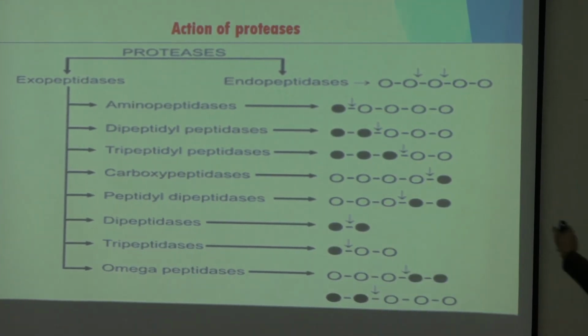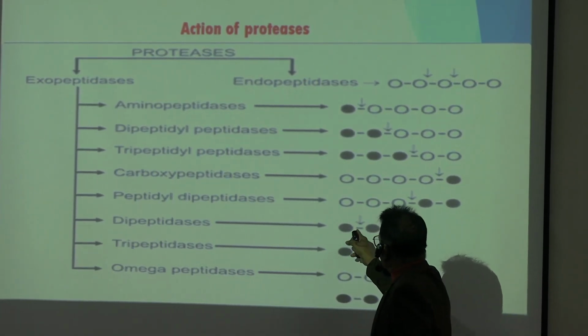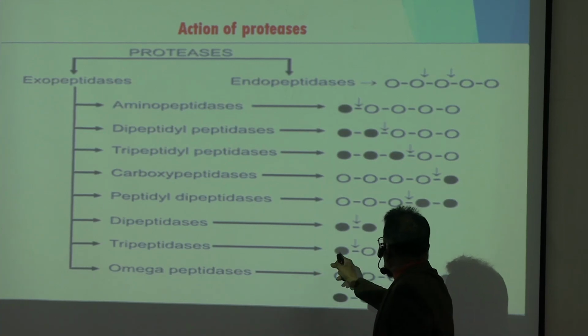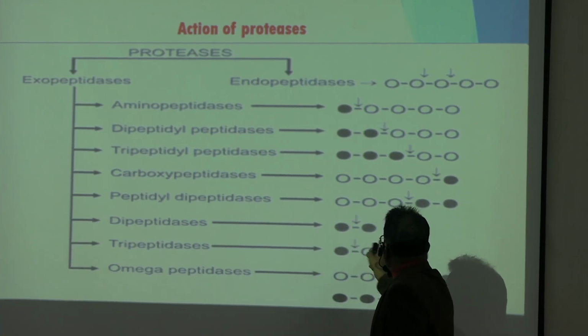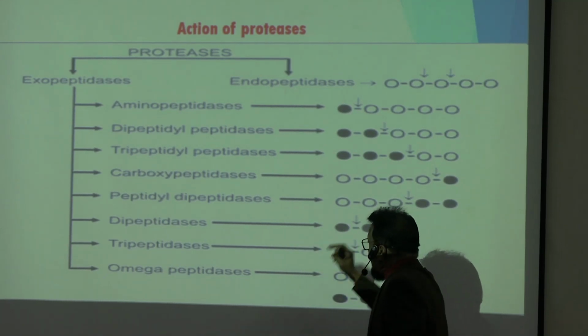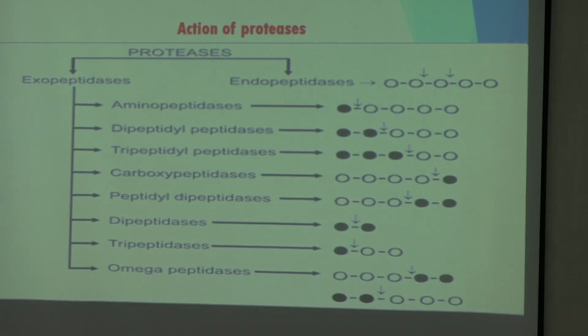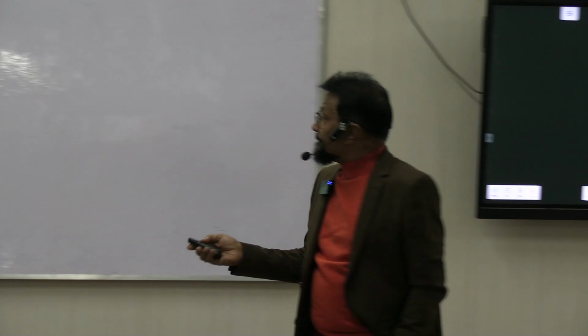In this way, different dipeptidases act on it, so there will be two amino acids. Tripeptidase. This is the free carboxylic group here, so it will break this. Then this will be liberated, and this will be digested by dipeptidase. So in this way, peptide bonds are hydrolyzed.